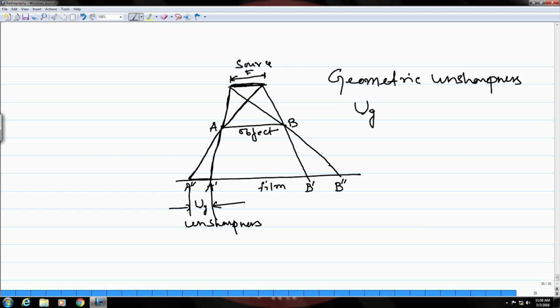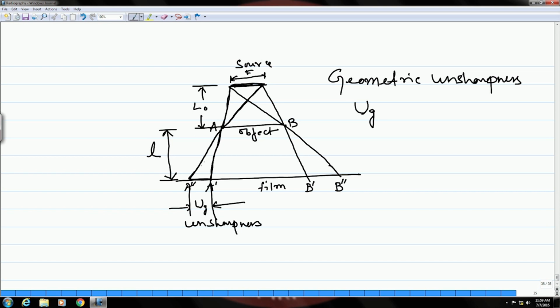So, the height for the first triangle, this one, is the distance between the source and the object, which we will call L naught, and the height for the second triangle is the distance between the object and the film, which we will indicate as small l. Okay.